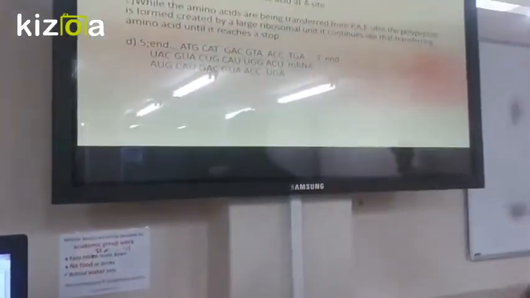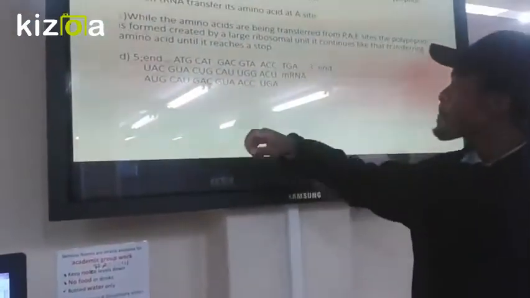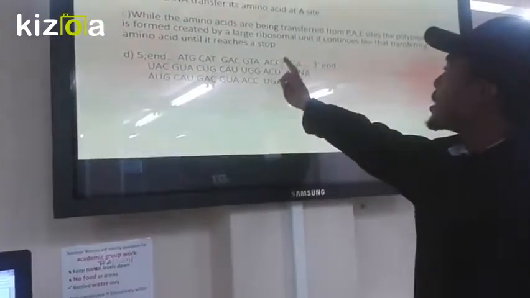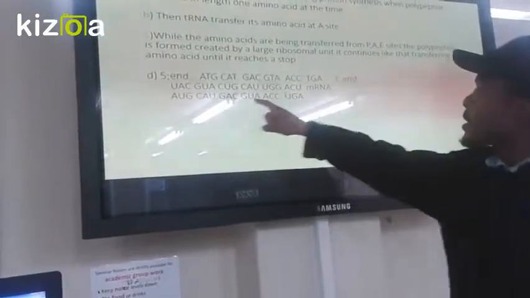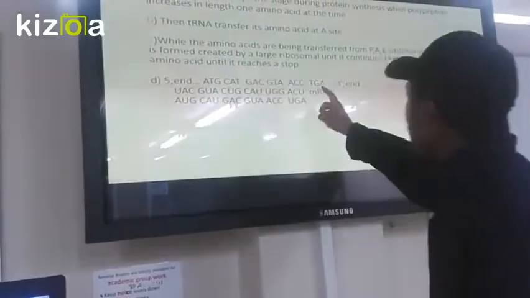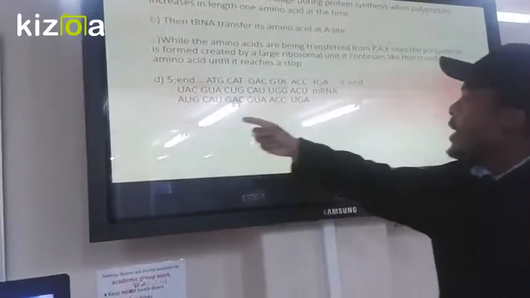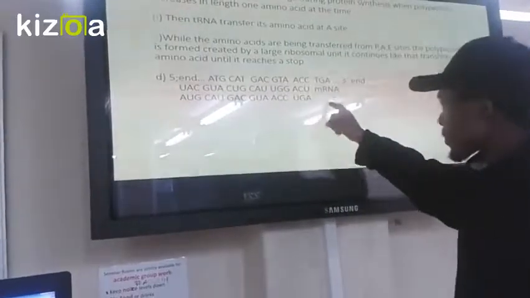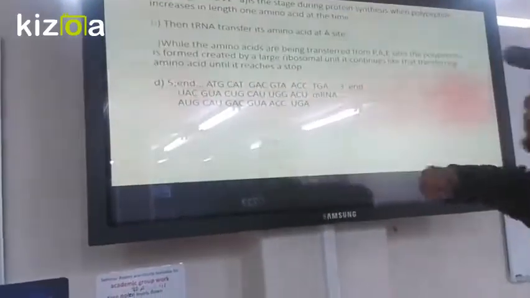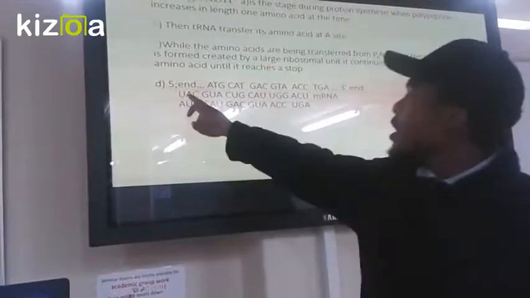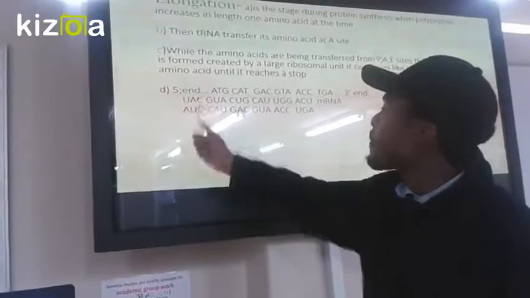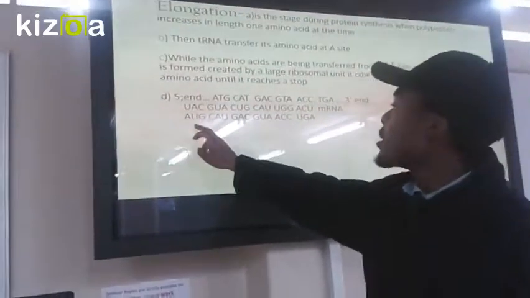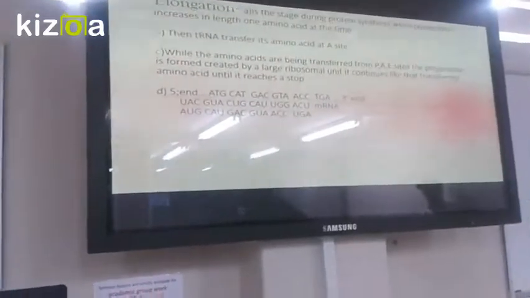So this is the DNA. It starts from the 5' to 3', and then this is the messenger RNA, and then this is the transfer RNA. You see this binds, and this one transmits amino acids here. For example, this one is called methionine.